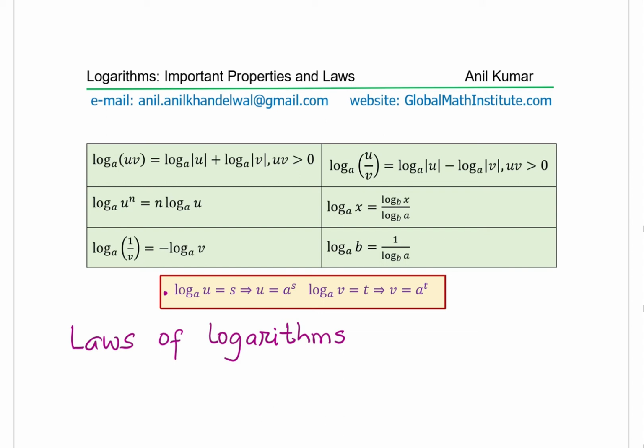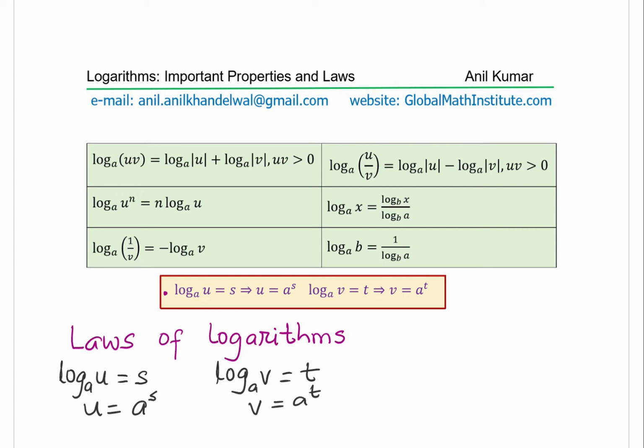So let's look into this substitution once again. We'll substitute log to the base a of u as, let's say, s. In that case, what is u equal to? U will be a to the power of s, correct? The other substitution which we'll do is log to the base a of v is, let us say, t. In that case, v will be equal to a to the power of t.